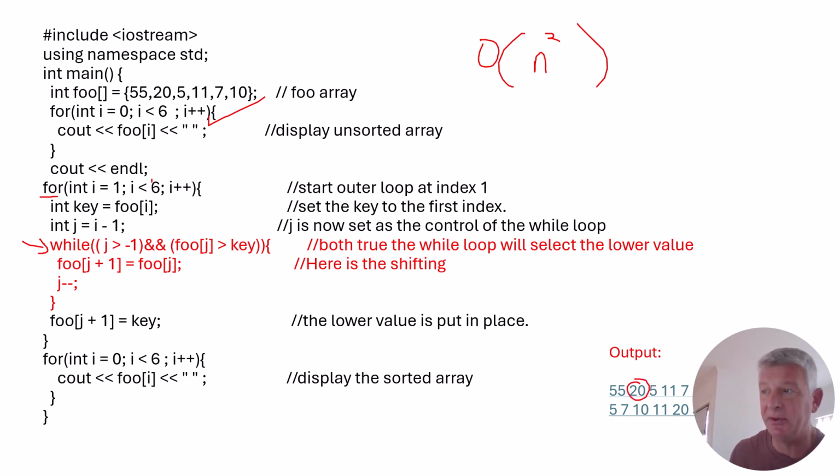And then it's just going to do its comparison. While j minus 1, right? j is i minus 1, right? And if these are greater, then I'm going to hold on to that and I'm going to make my shifts. Then the lower value is put into place and it comes back and does it again.